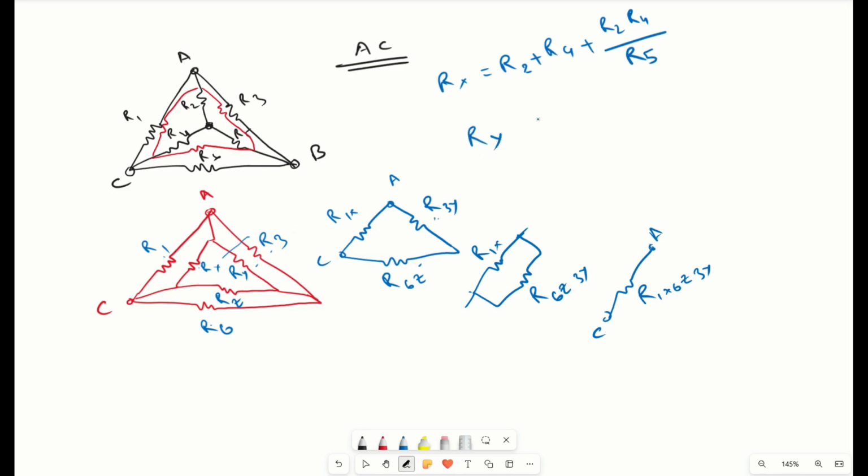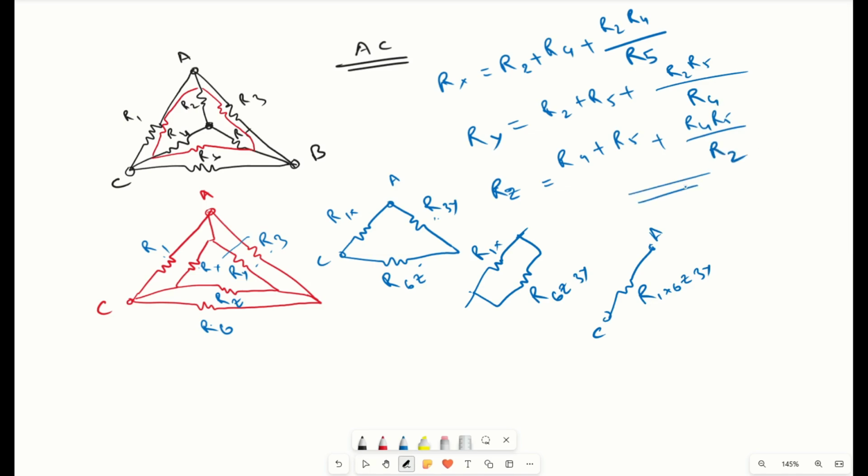Similarly Ry will be R2 plus R5 plus R2 R5 divided by R4, right? Then next is Rz, so Rz is R4 plus R5 plus R4 R5 divided by R2. Okay, so this is as simple as that. So now put the values, determine the equation, and you will get the answer.